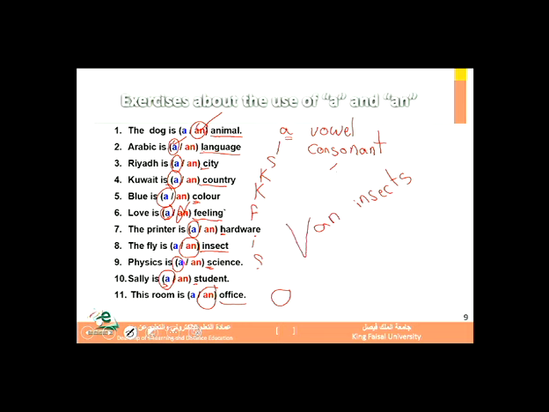This is not really acceptable. Why is that? We said use a or an only when the word is in the singular, but the word insect here is in the plural, so you cannot use an, you cannot use a. You have to leave it as it is if the word is indefinite. So the use of a or an is related to the singular noun rather than to the plural noun.